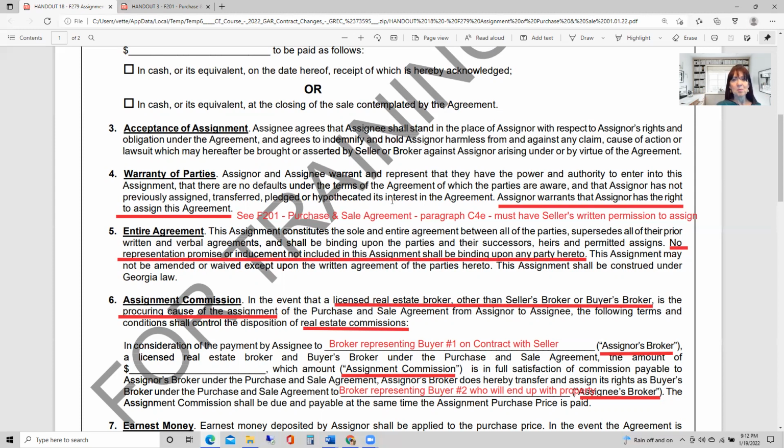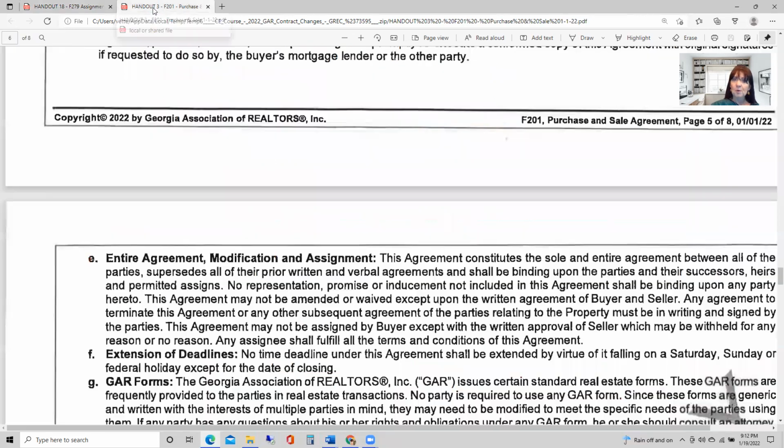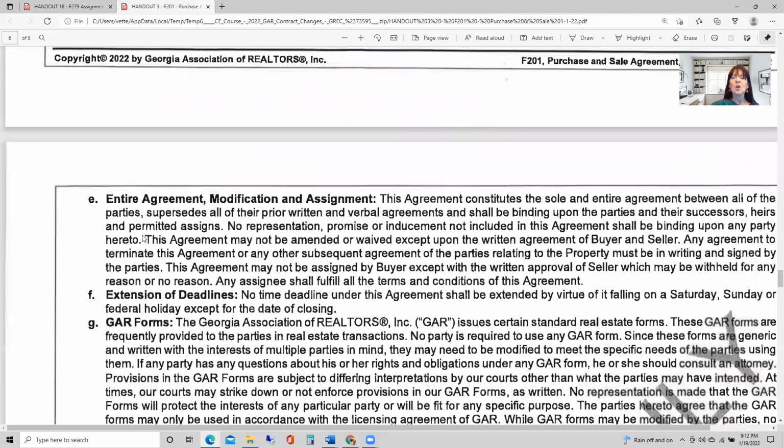And that is very important because the GAR purchase and sale agreement in and of itself is not assignable. You must have the seller's permission. And that is all spelled out in the GAR purchase and sale agreement under paragraph C4E, under the subheading of entire agreement, modification and assignment.